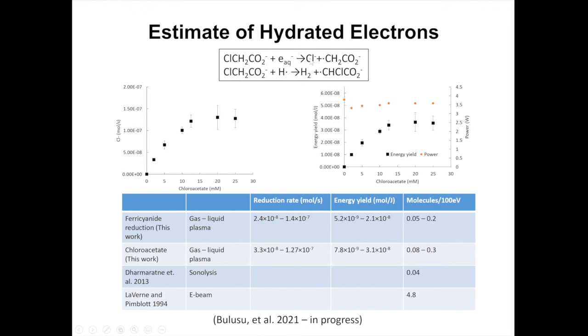And so by measuring chloride, we can get an estimate directly of the aqueous electron, the hydrated electron. And so we use two different methods for this, and we're able to show that the moles per 100 electron volt, the amount of hydrated electron produced by the plasma, is more efficient than what's found in the case of ultrasound, but less than what's actually made by electron beams.